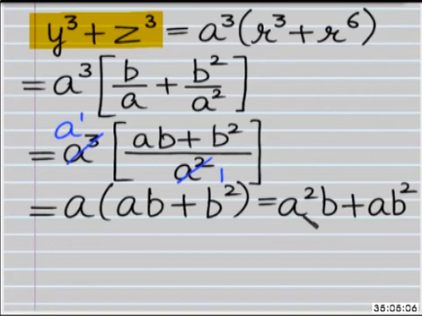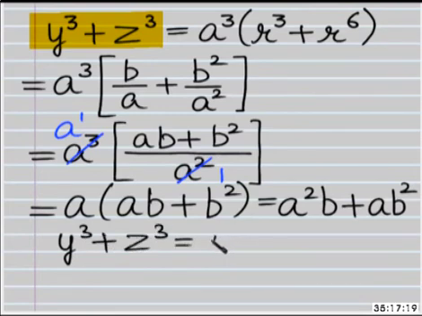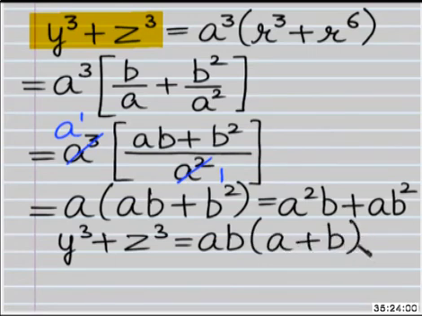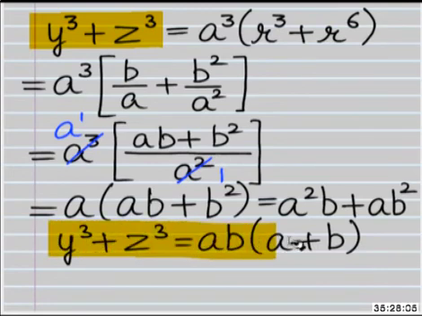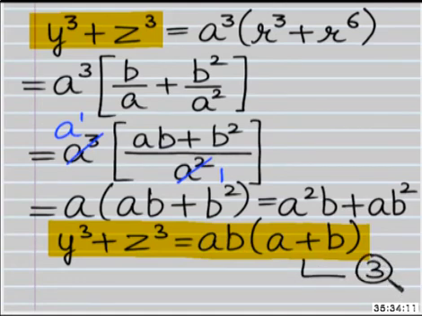Taking out A into B common, this implies y raised to the power 3 plus z raised to the power 3 is equal to (A into B) whole multiplied by (A plus B). Let this be equation number 3.